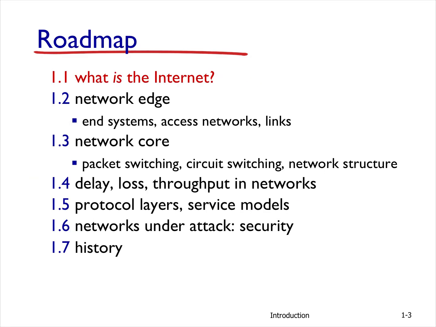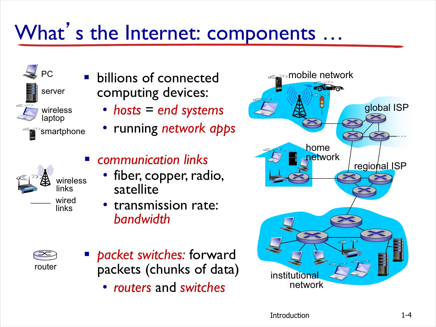So the first part was trying to figure out some terminologies. And in that part, we talked about what's a host, right? That's an end node, a node that either sends or receives information, versus what's called an intermediate node, which is basically passing information, but it's not generating or absorbing information itself.